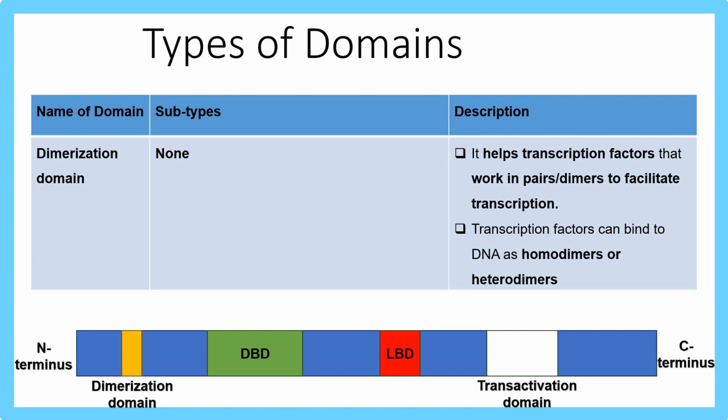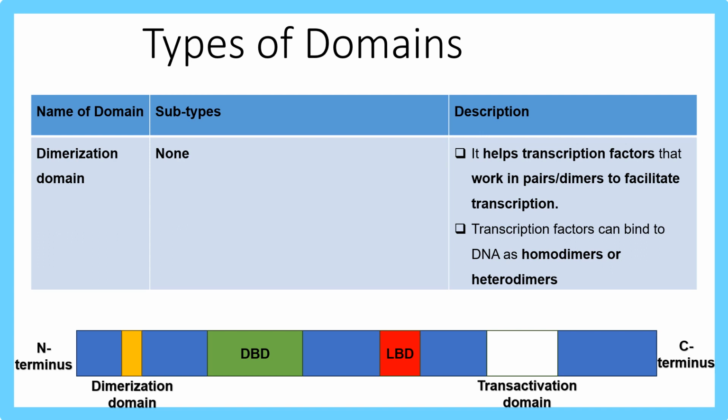Another type of domain is the dimerization domain. This helps transcription factors that work in pairs, or in dimers, to facilitate transcription. Some transcription factors work in pairs, either as homodimers or heterodimers.